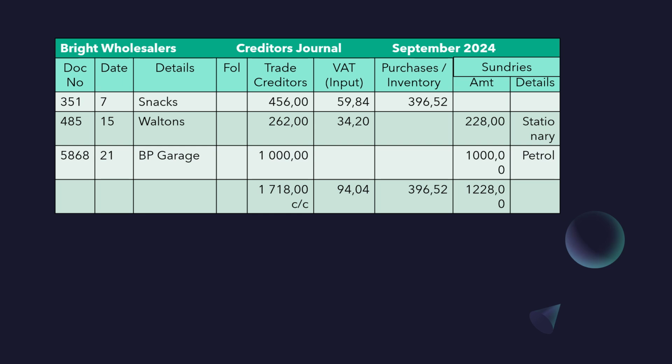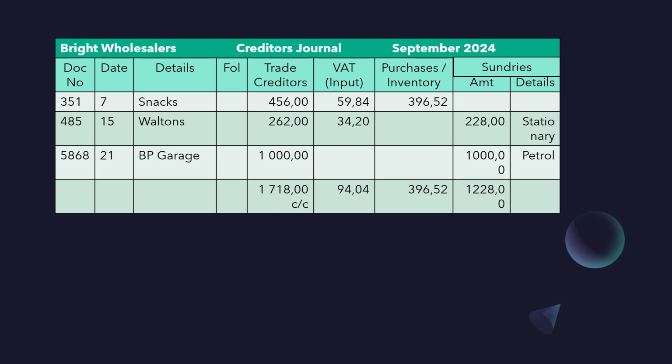Please note that only VAT that is claimable is reflected in this column. This means that VAT charged on goods and services that are specifically excluded is not recorded in this column. As you can see with BP Garage and petrol, we know that we don't claim VAT on petrol.